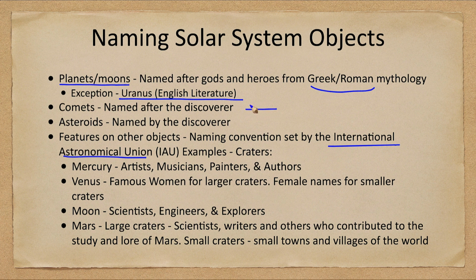Comets are named after the discoverer. So if you discover a comet, it would have your name attached to it if you are the first to discover it. With most automated methods looking for comets now, many comets currently found are found by automated telescopes and are named after them. Asteroids are named by the discoverer. So if you discover a new asteroid, you get to pick a name subject to certain restrictions.